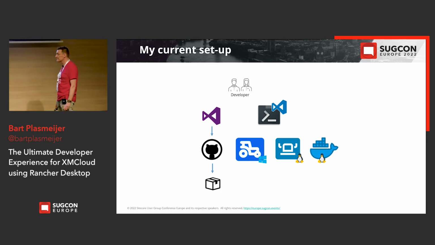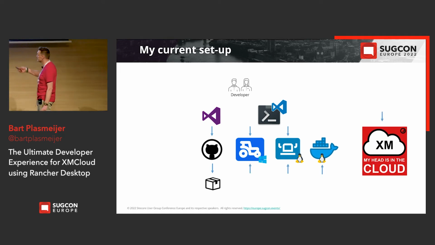And then if I'm going to build a solution, I use GitHub Actions to build it, make a package, and then I'm going to run the packages where I want to have it, right? And then this one is pulling the images, right? Just the images. And then if I've tested it all out, I can also push to XMCloud, right?